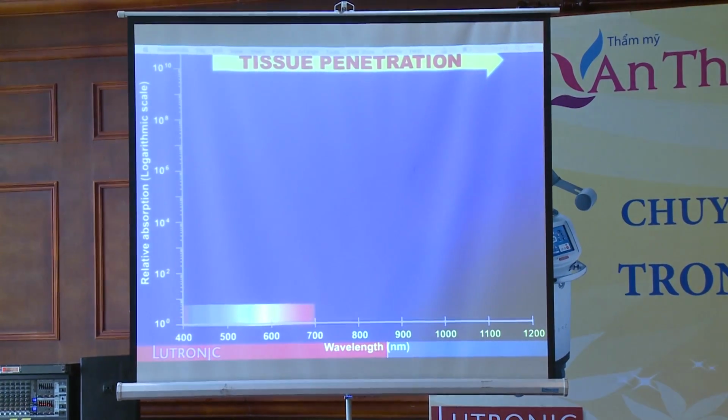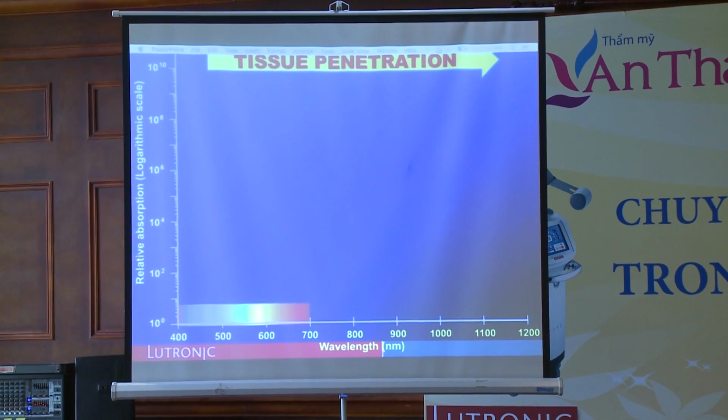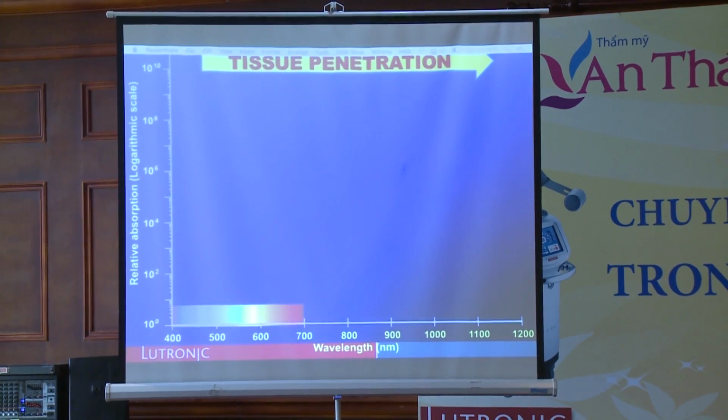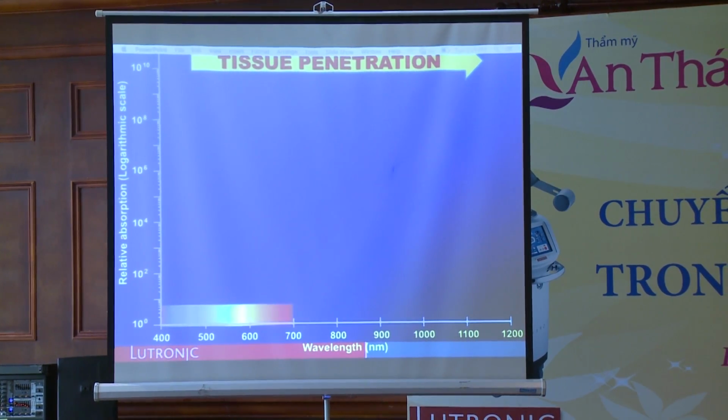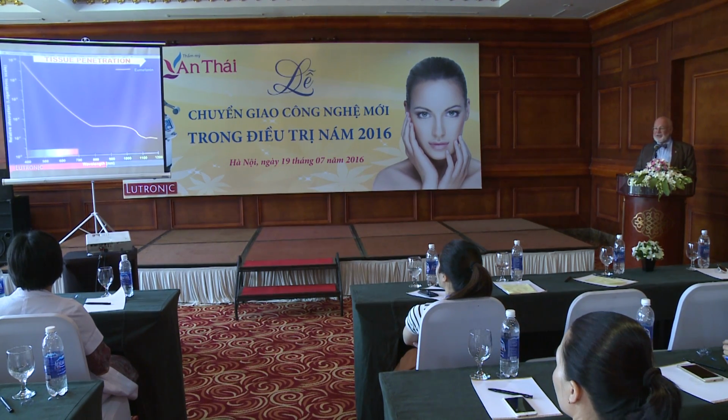And on this axis here, we have the degree of absorption of particular materials. The one we're most interested in is melanin, because that is what gives us abnormal pigmented lesions. You can see at this end that absorption in melanin is very high, and as we get longer in wavelength, absorption in melanin becomes less.